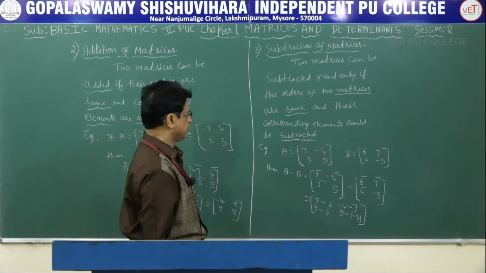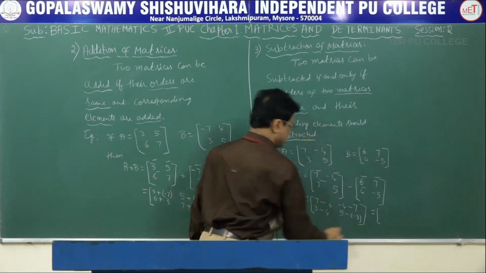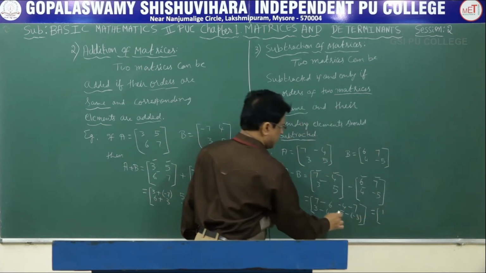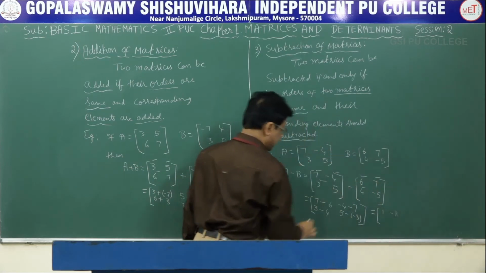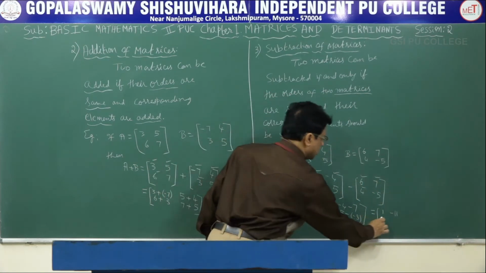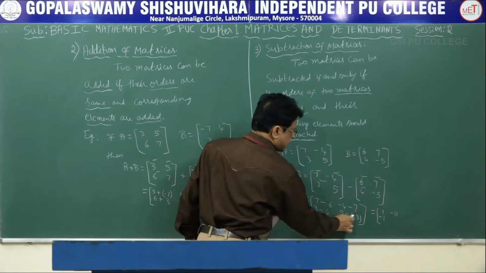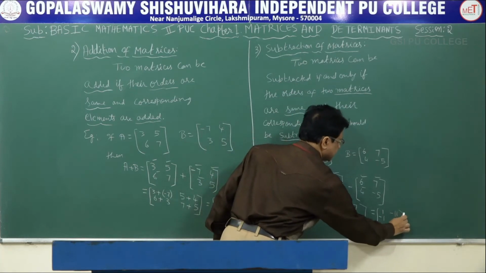So that will be equal to 7 minus 6 is 1, -4 minus 7 is -11, 3 minus 4 is -1, minus into minus is plus, so 5 plus 5 is 10.